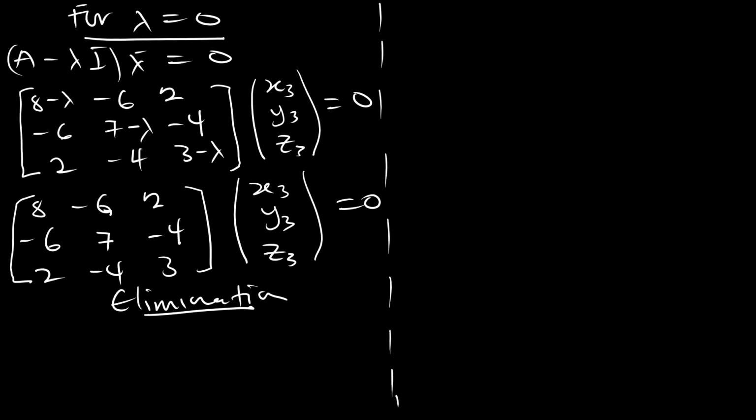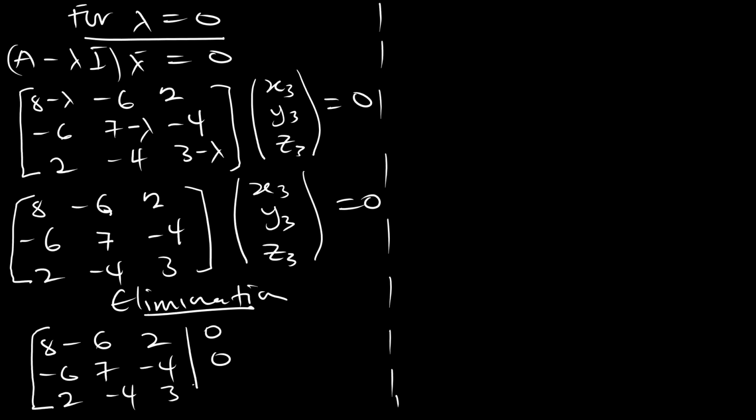And I'm going to get this 8, negative 6, 2 going into 0. Negative 6, 7, negative 4 going into 0. 2, negative 4, 3 going into 0. Are we okay? So I'll start with the row operations.